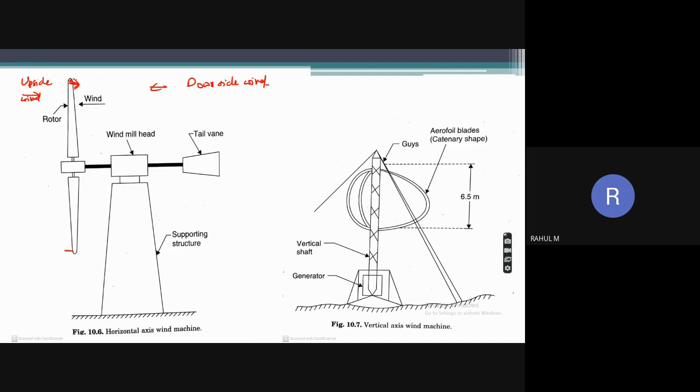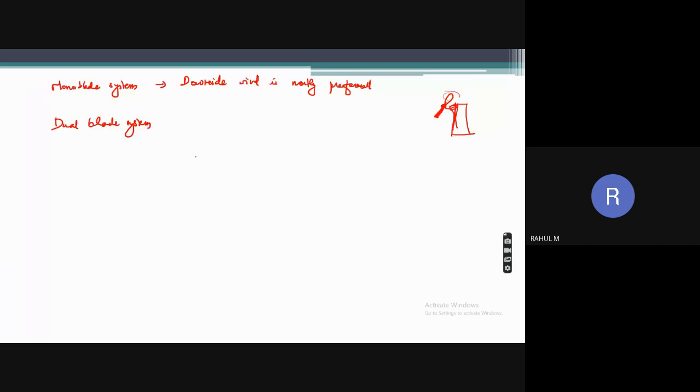If you look at the two ends, there will be a force variation, and because of this force variation it will generate vibration. Because of this vibration there is a chance of failure of the gearbox system attached to it in the nacelle. Your blade is something like this.